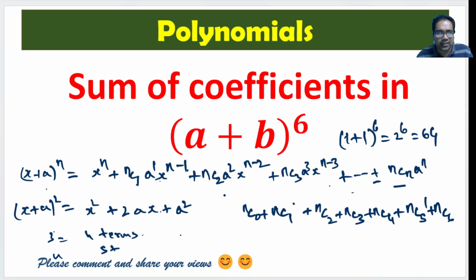What is n here? n is obviously 6. So we're talking about 6C0, 6C1, 6C2, 6C3.